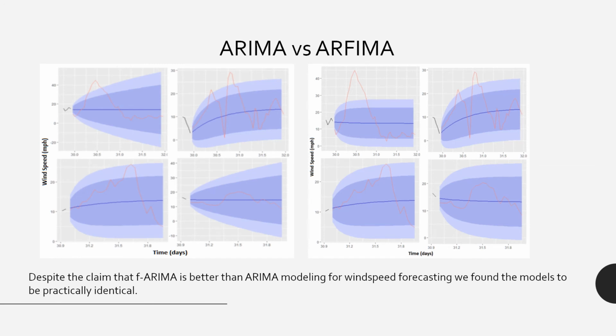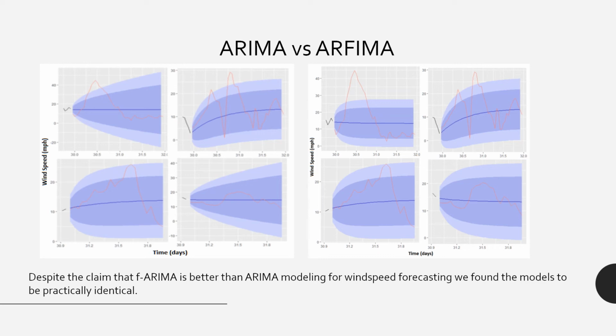In the paper, they did also compare ARIMA versus fractional ARIMA modeling with the wind speed. So we decided to go ahead and look at the ARIMA and see what kind of difference we had here. We did find that the modeling looked almost identical, but the prediction interval does change slightly.